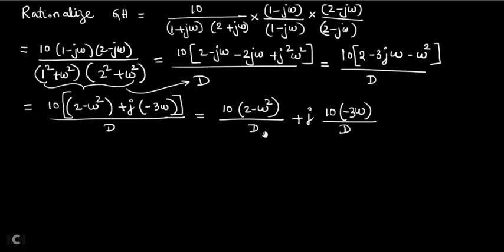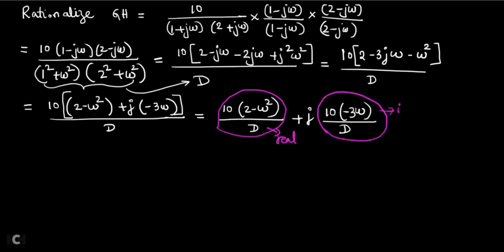The first term is called the real term because it does not have any j term. The second term is called the imaginary term because it contains a j term. All j terms I have taken as the imaginary term, and all terms without j I have taken as the real term. So I will mark that. What is this part called? This is called the real term. And what is this part called?